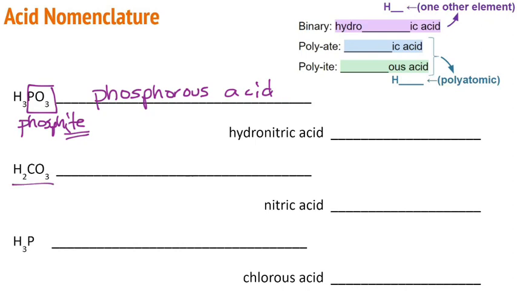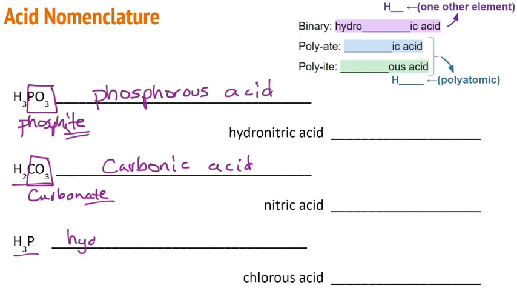With this next one, also not going to start with hydro because we've got some O's there. It's not binary. So we've got to figure out what is the name of this CO3 group, which is carbonate. Since that's ate, that's going to change to ic, so that's going to be carbonic acid. Our last formula down here is going to start with hydro in its name because there's no O's.